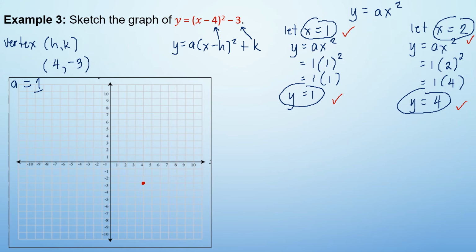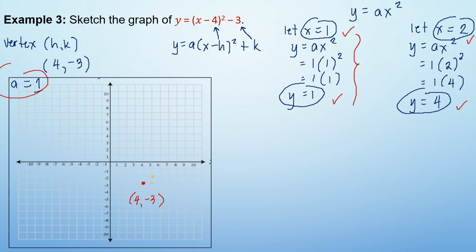If x is 1, y is 1, it means that from the vertex, we need to move 1 unit to the right and 1 unit upward, since the graph opens upward for a is equal to 1. So from the vertex, which is at point 4, negative 3, move 1 unit to the right and 1 unit upward.